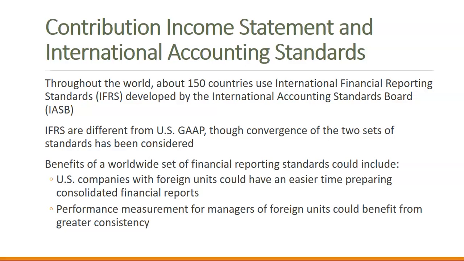Some of the differences are that IFRS does not allow for LIFO. So we have a couple of US companies that have some very old LIFO measurement on their records because LIFO is allowed under US GAAP. So if we got rid of LIFO, we would have to do restatement of information.